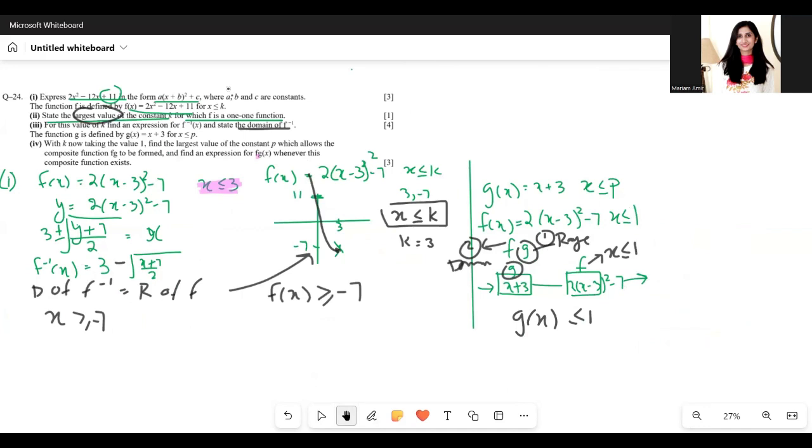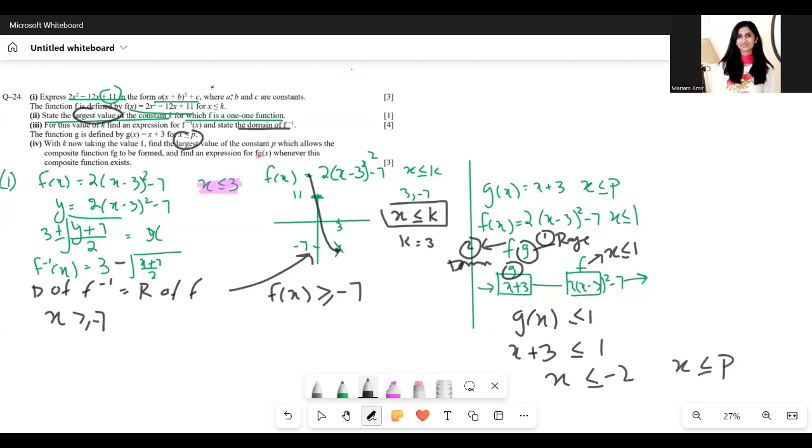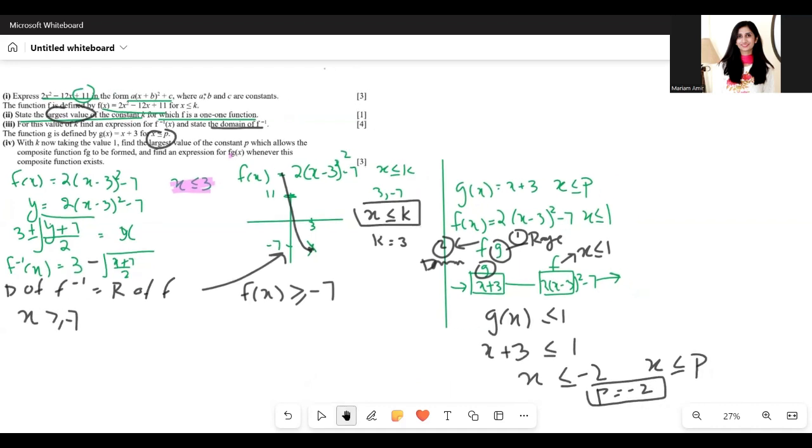So we're going to write x + 3 less than or equal to 1. So this becomes x less than or equal to −2. And in the question, it says x is less than or equal to p. So that means p equals −2. That's the value of p so that the composition fg is possible.